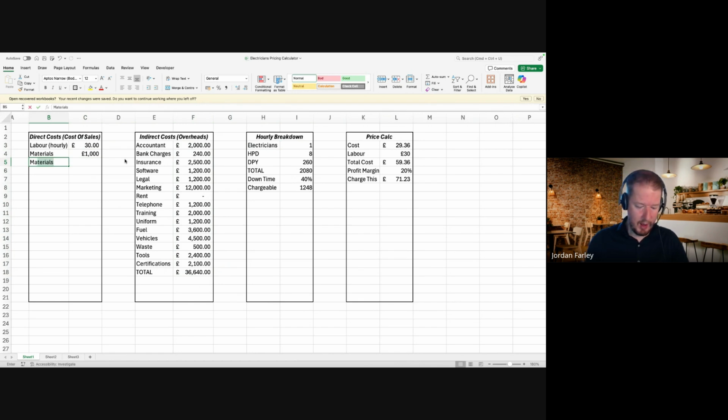But if you mark up your materials by however much, say 30%, then, 3,000%, that'd be nice, then suddenly you start to make money on your materials as well. You're not ripping anyone off. You're just getting paid for your time to source all of these materials and offer the warranty and all of the other stuff that you do as part of providing those materials.